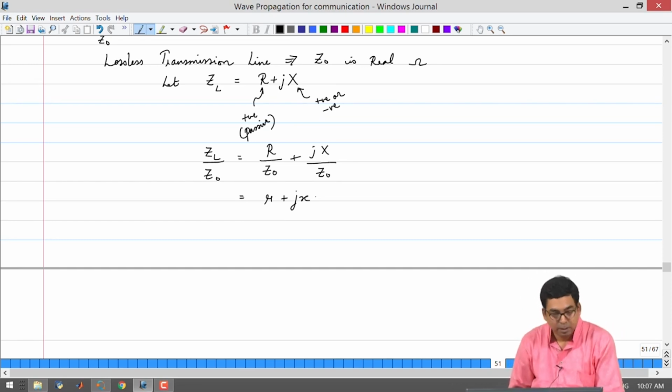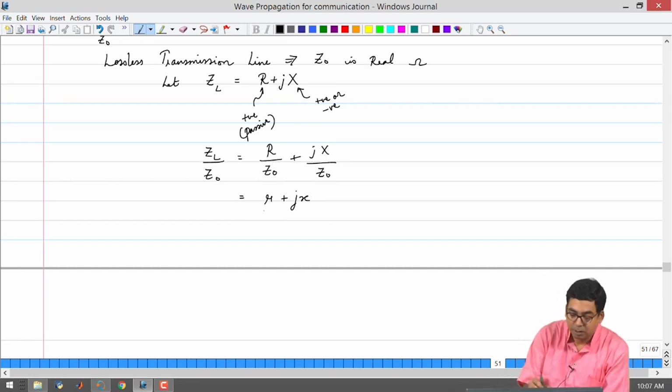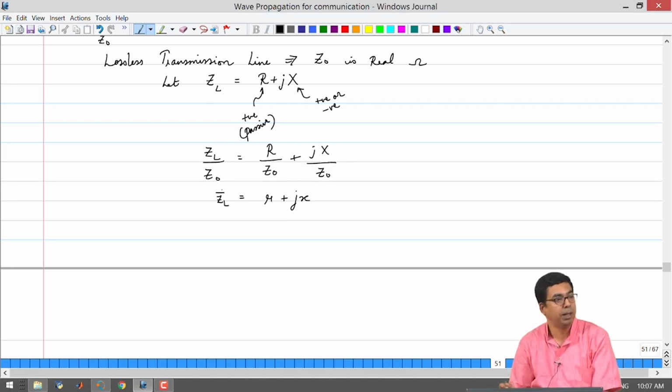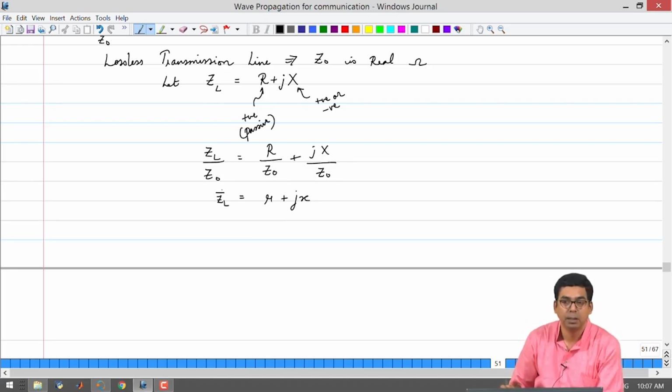Now, this is your normalized load impedance. Correspondingly here I will just make it ZL, because the capital ZL and small ZL look identical. I will just put a bar on the top to indicate that it is actually normalized with respect to the characteristic impedance of the transmission line. So, it is r plus jx.